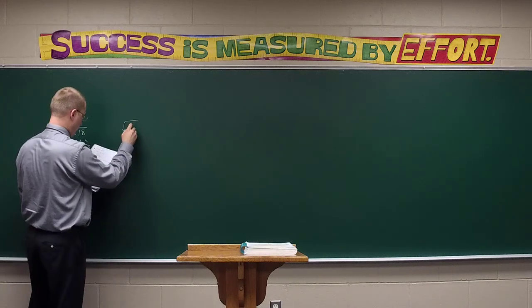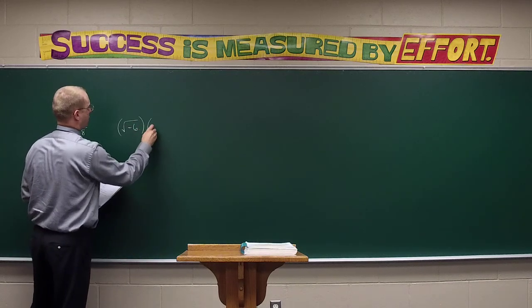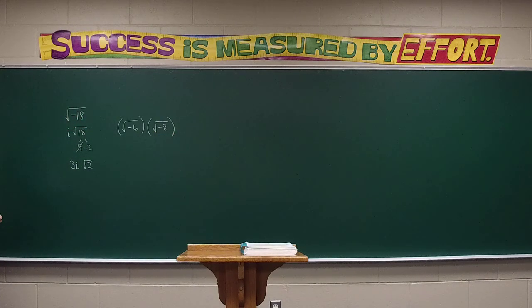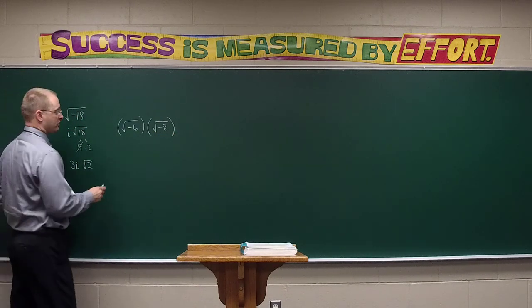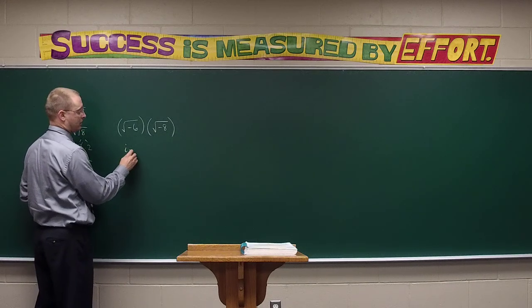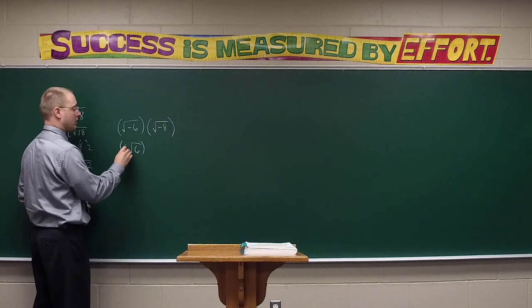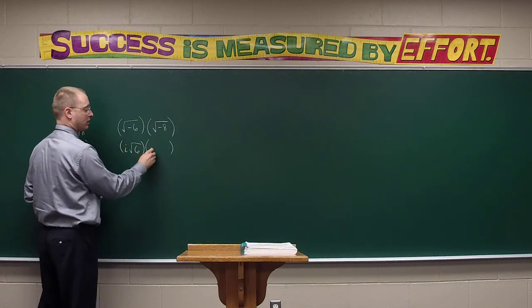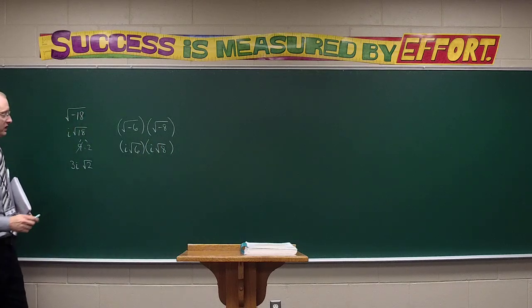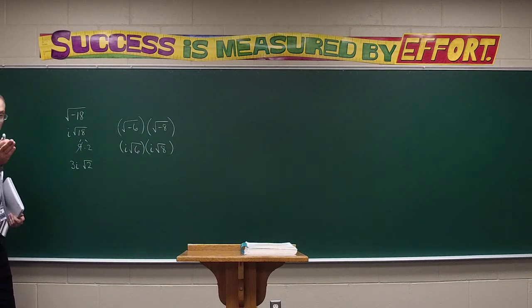We happen to have the square root of negative 6 times the square root of negative 8. What's the first thing I would have to do here, Maddie? There we go. Pull out the i's to get i squared times the square root of 6 and the square root of 8. Then from there we can multiply, Audrey.